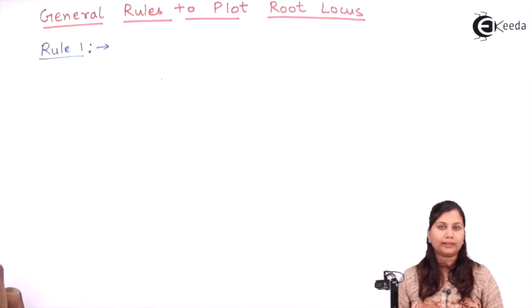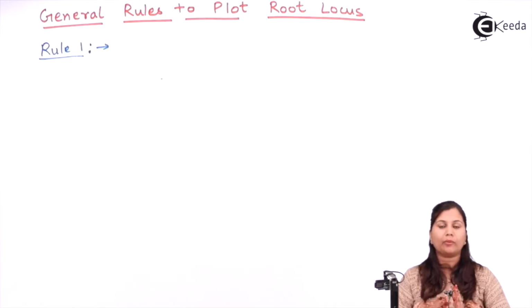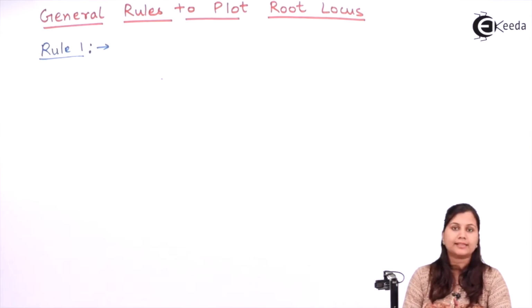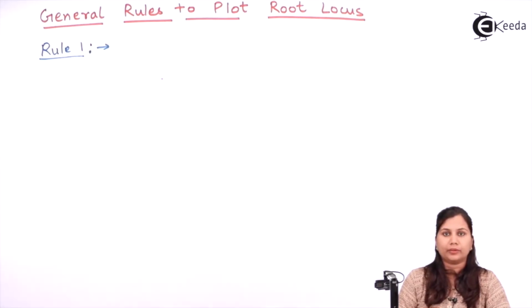Rule number one, that is the first step whenever we are plotting the root locus of a system, is to first determine the open loop poles and the zeros of the system. From the transfer function which is given to you, determine the poles and zeros of that system.